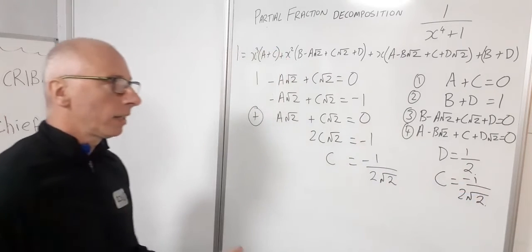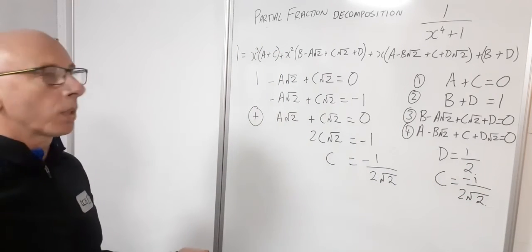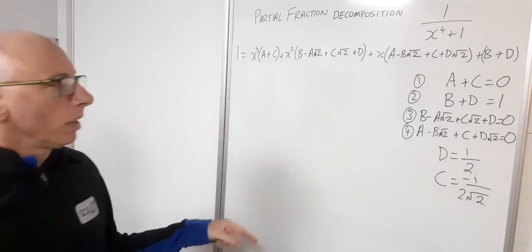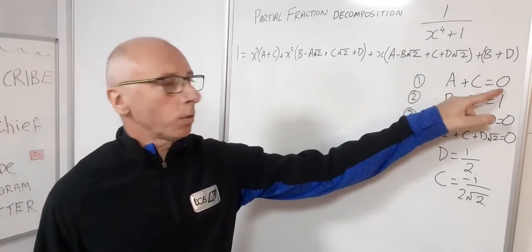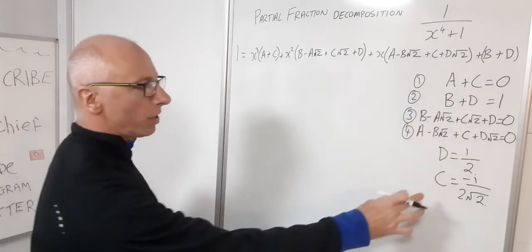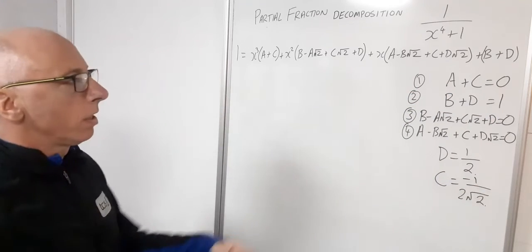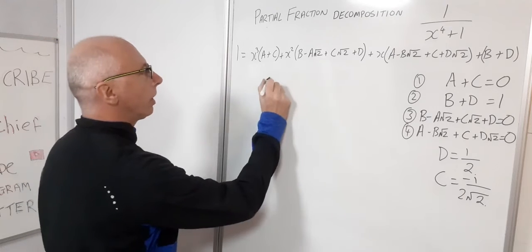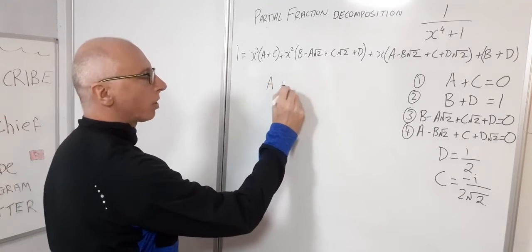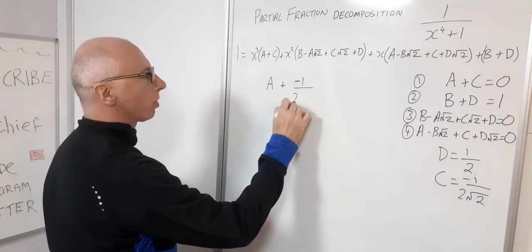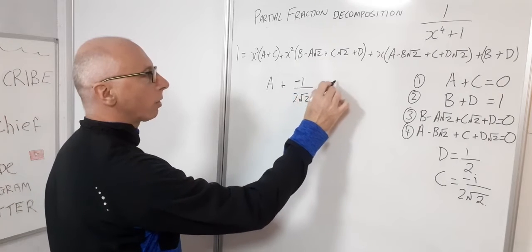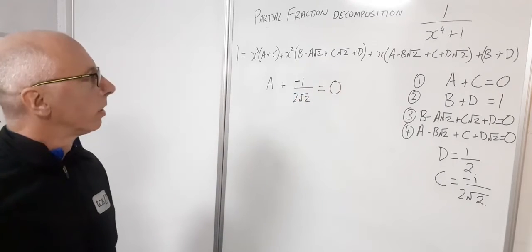Okay, right, let's take these off the board and let's see if we can solve for some others. So I've got a plus c equals 0, and I've got c equals minus 1 over 2 root 2. So I can rewrite equation 1 as a plus minus 1 over 2 root 2 equals 0.